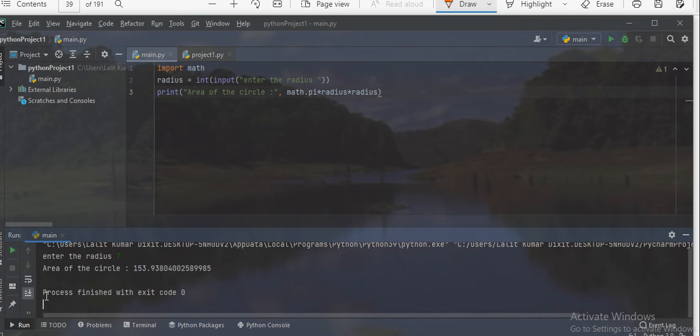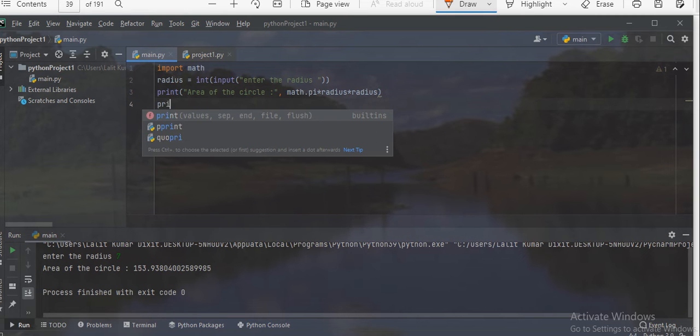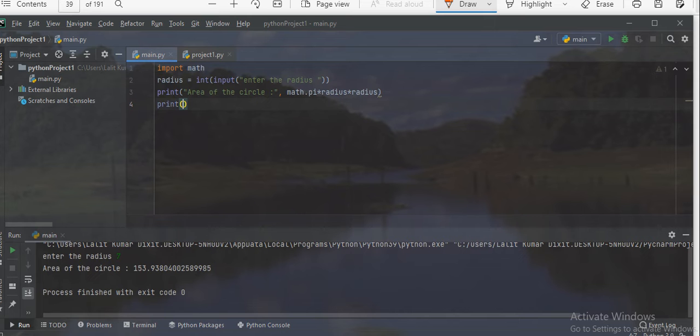So it's the area of the circle. So is it right or wrong? We can compare it with the answer which we will get by 3.14 into radius into radius.